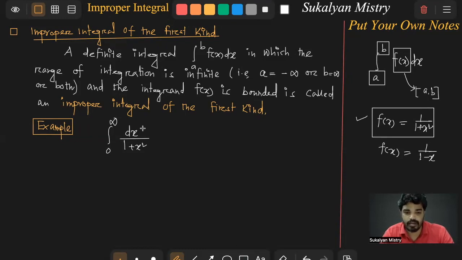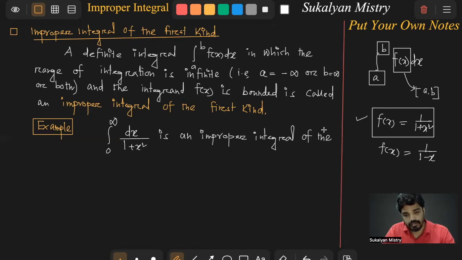So this is improper integral of first kind. Okay. So this is an improper integral of the first kind. I think clear.